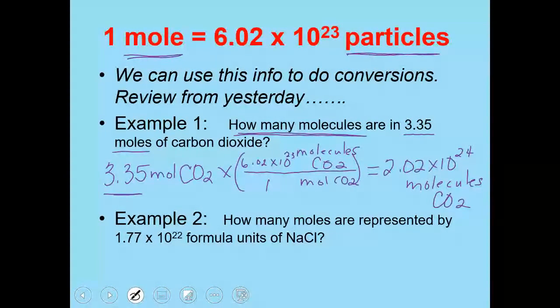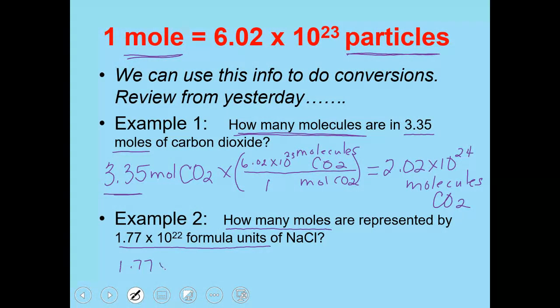So how is this next problem different? If you look at this one, this time we're starting with the particles instead of finding the particles. And this time we're finding the moles instead of starting with the moles.